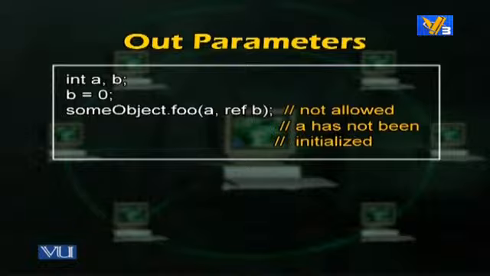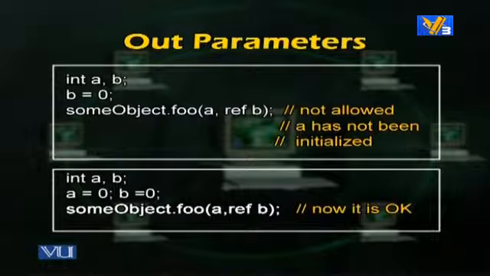Then we call this method foo as we did in the last time, that is sum object dot foo a comma ref b. Now this is not allowed because a has not been initialized and your compiler will give error. So what you would need to do is you would need to do a is equal to 0 and then b is equal to 0 and then call this thing and this is okay.